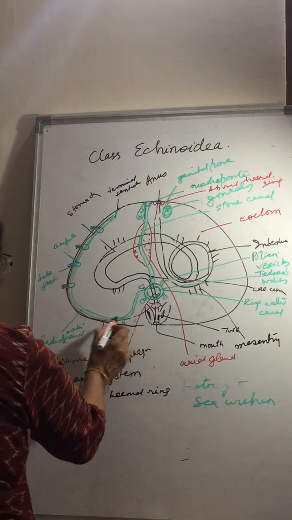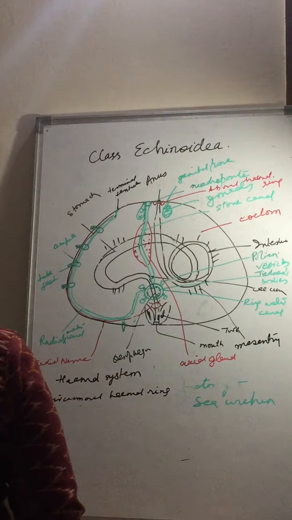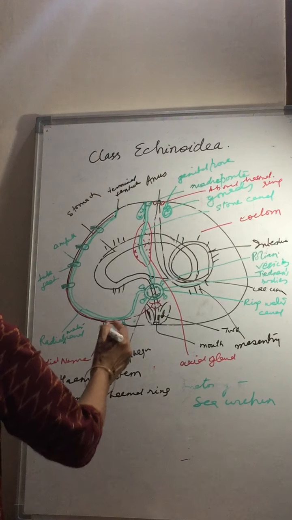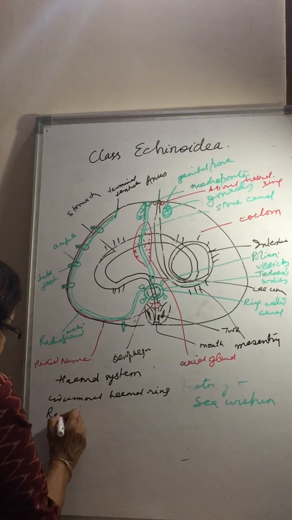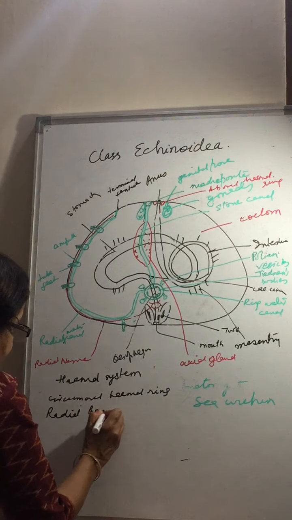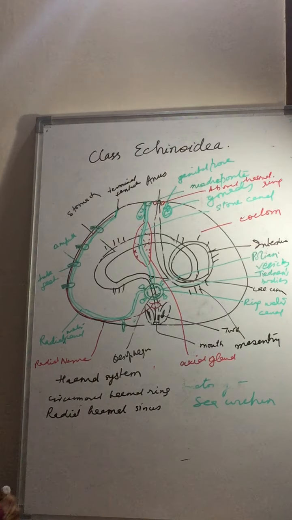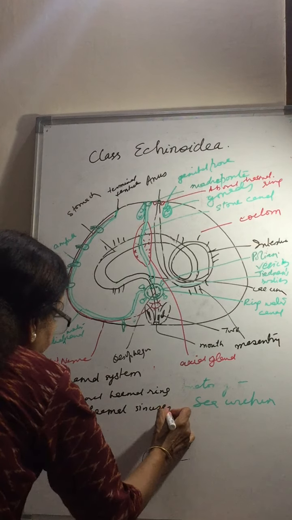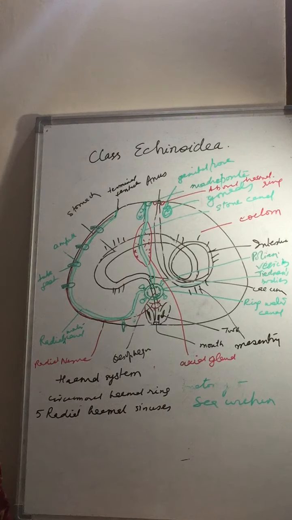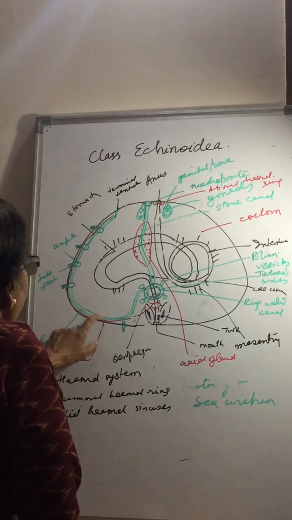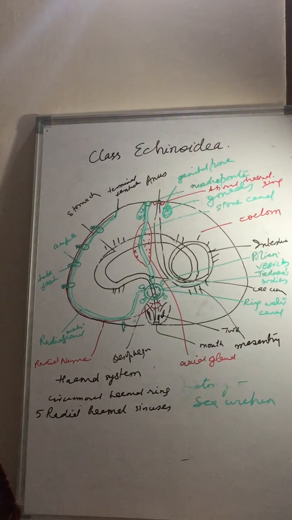So now we can write here radial hemal sinuses. There are five radial hemal sinuses, and they run for the most part between the radial nerve and the radial water canal.